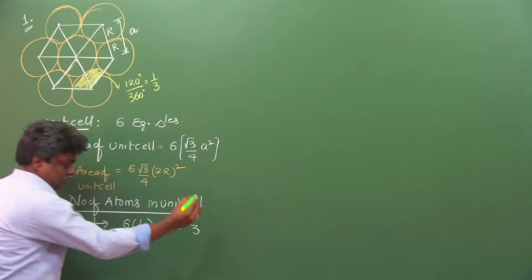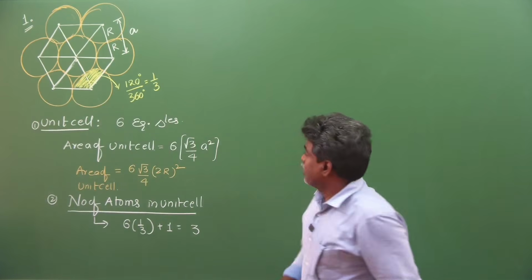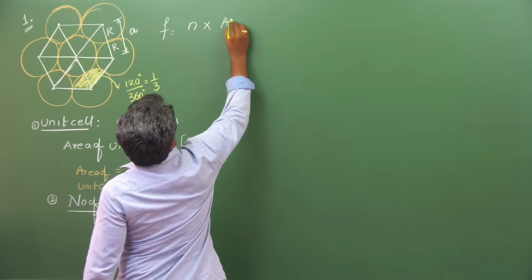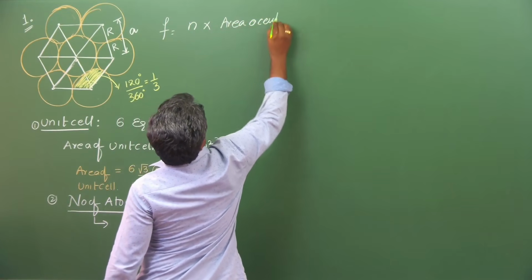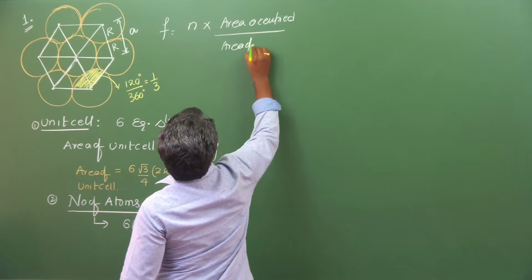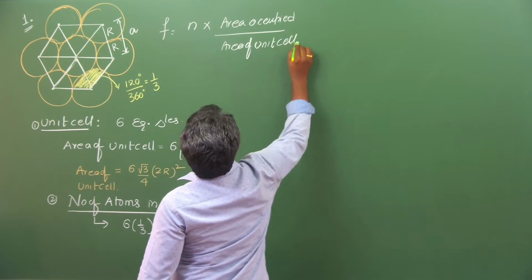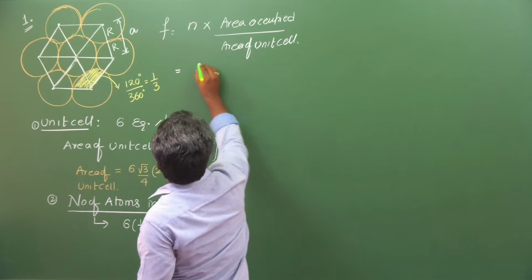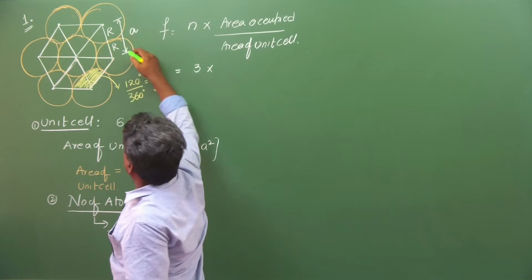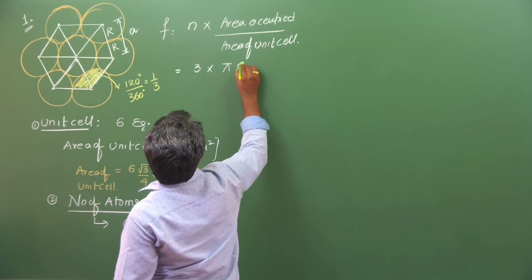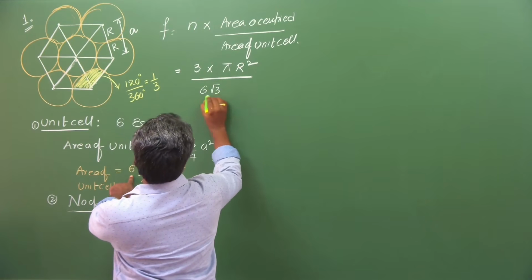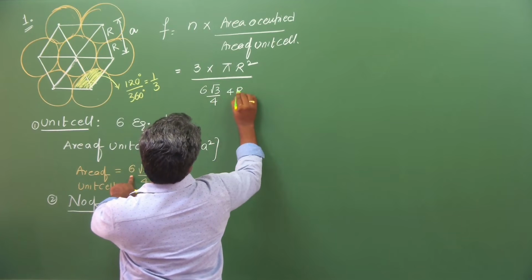Any trouble up to this? Now we are finding the packing fraction: n into area occupied, I am not writing volume because it is 2 dimensions, by area of a unit cell. So n you got how much? 3. Area occupied, it is a disk. Say yes or no? The disk area is how much? By area of the unit cell, 6 root 3 by 4 into 4R square.